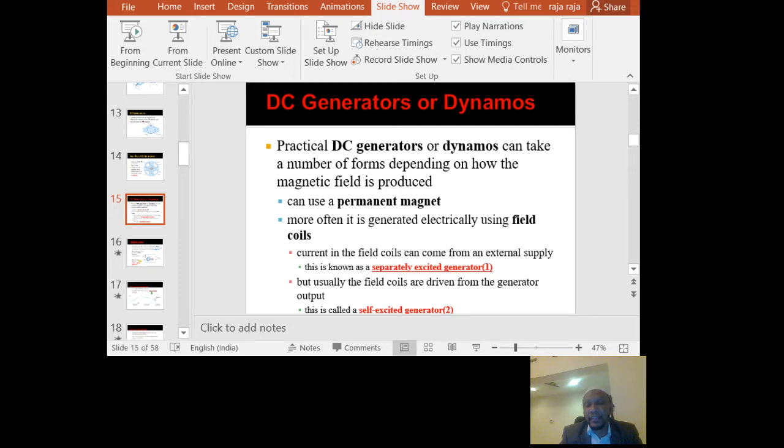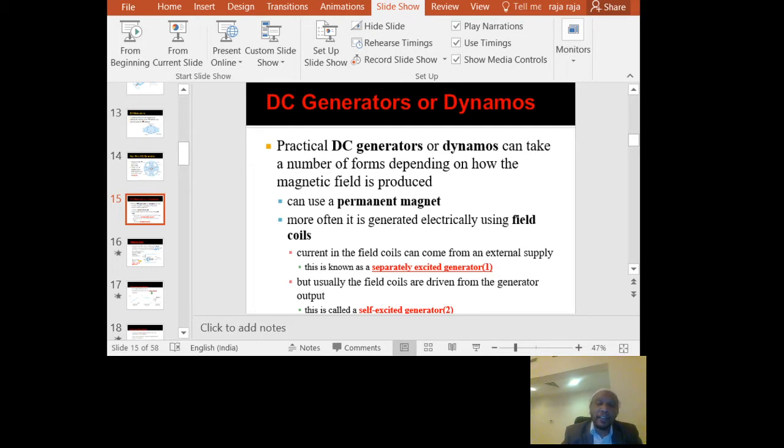In a self-excited generator, the field coils are driven from the generator output, so we don't need any external power supply for excitation. Self means we don't need any extra or additional DC power supply.